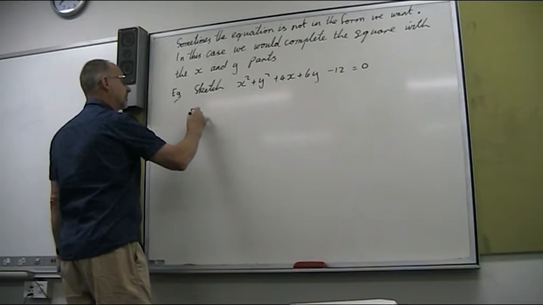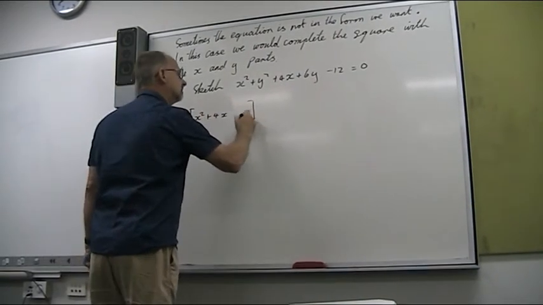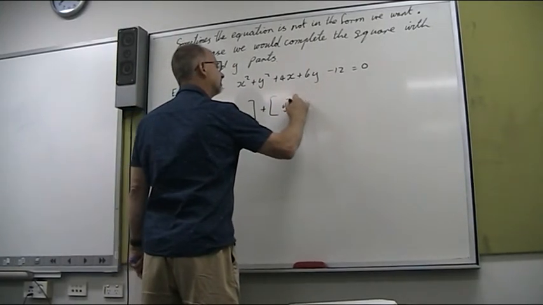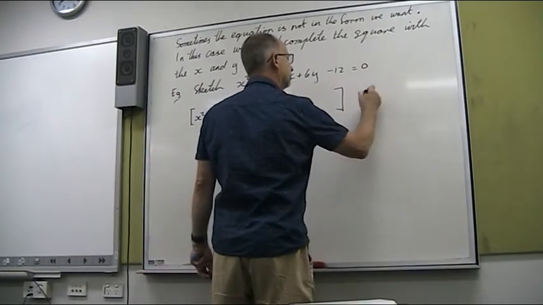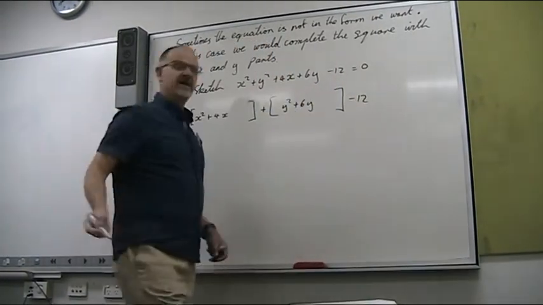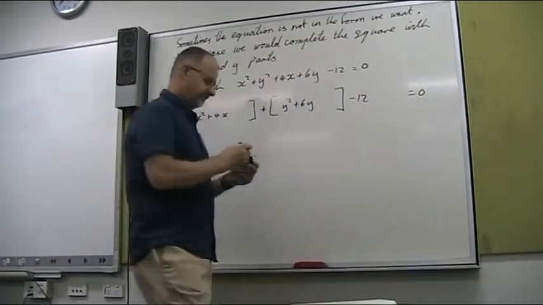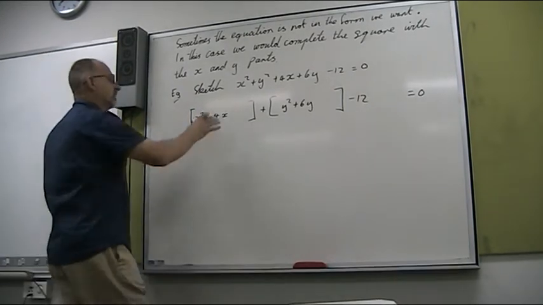So what we do is we group our x bits together and our y bits together, and leave the number bit out over there. And then we'll complete the square.